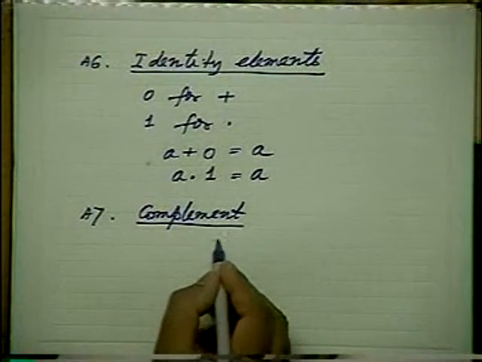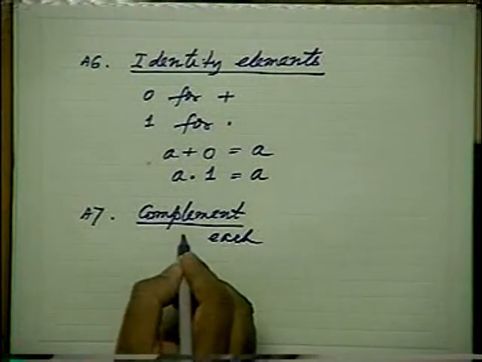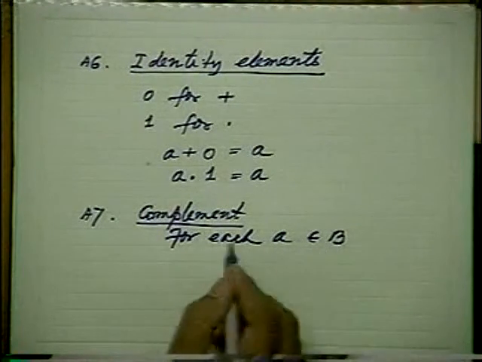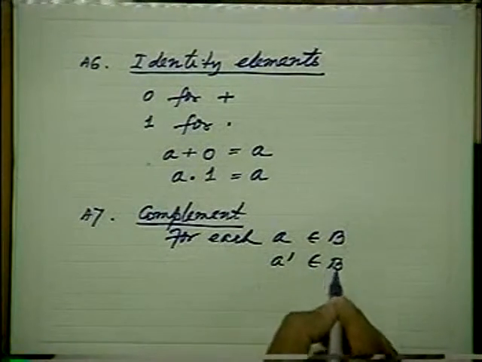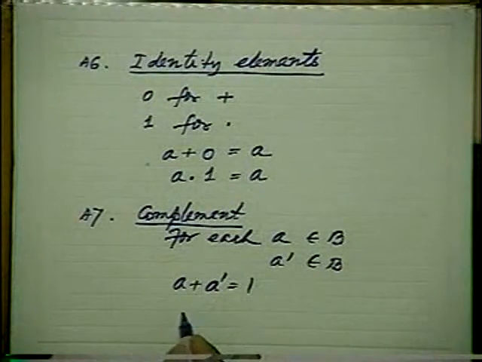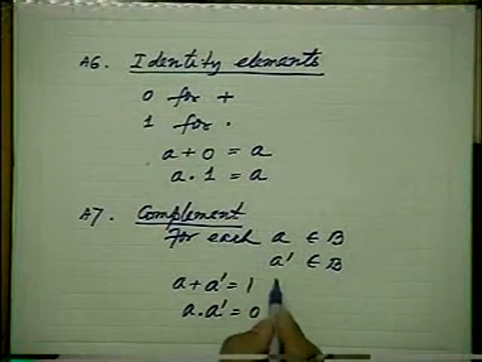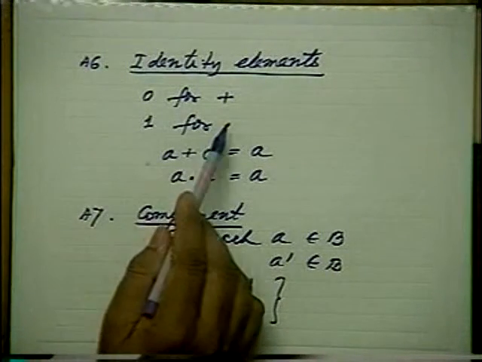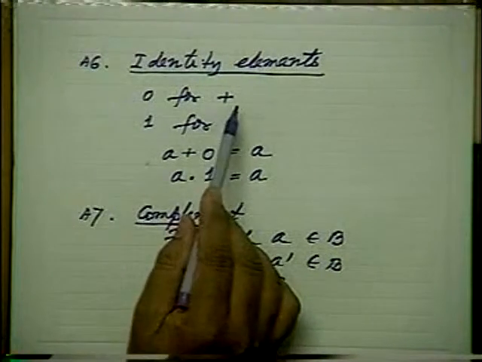It says that for each A contained in B, there exists another element A dashed contained in B such that A plus A dashed is equal to 1, A dot A dashed is equal to 0. A plus A dashed is 1, that means the identity element for dot, and A dot A dashed equal to 0, which is the identity element for plus.